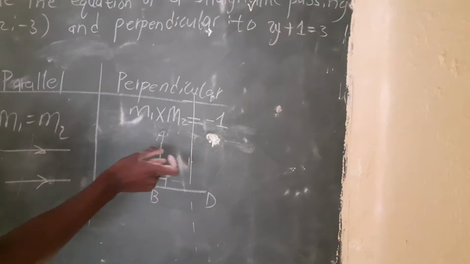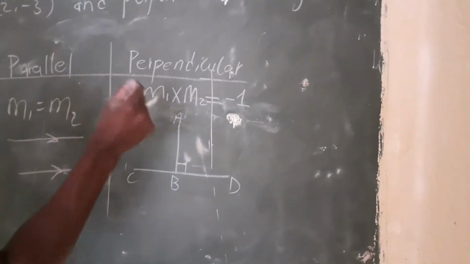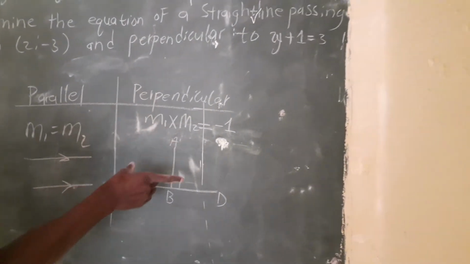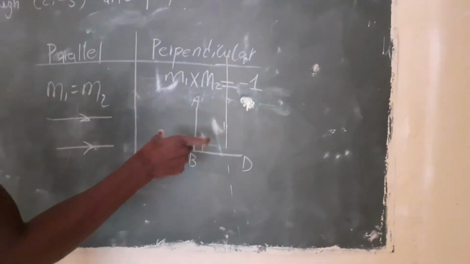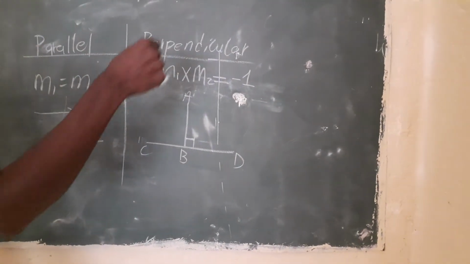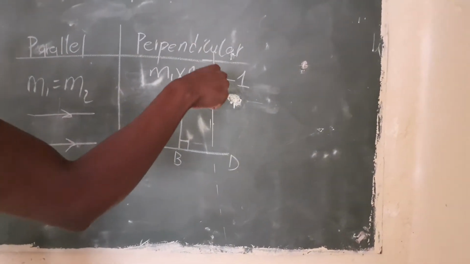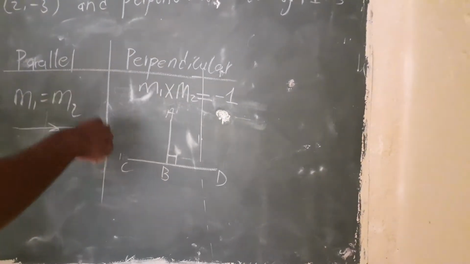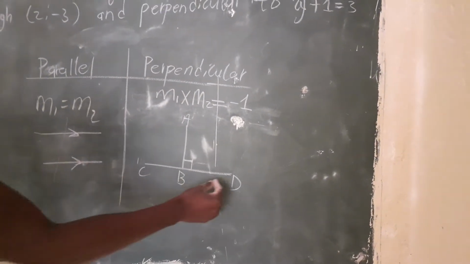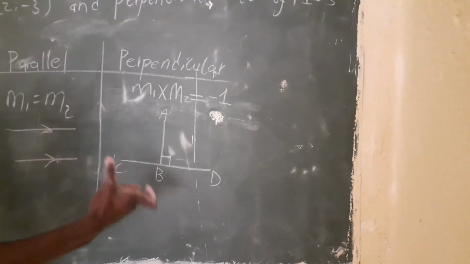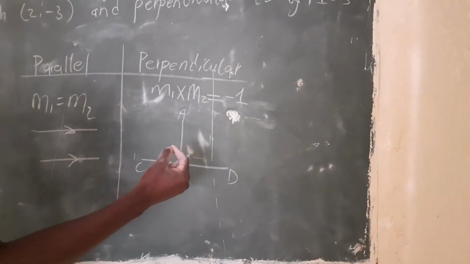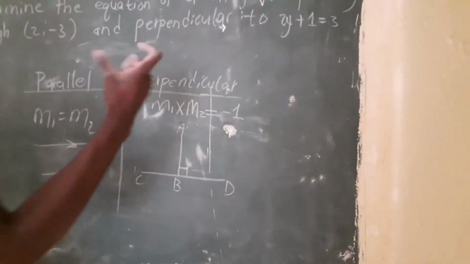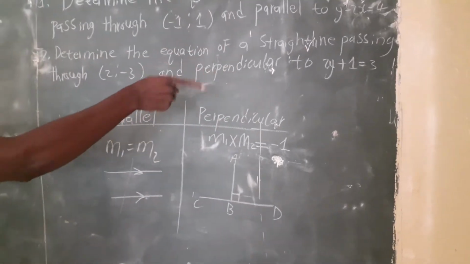And for perpendicular, every time they say the gradient of something is perpendicular to something, it means their product gives us -1. The gradient of this line perpendicular to the gradient of this line, when we multiply them, must give us -1. That is what we are going to use to do the two examples.